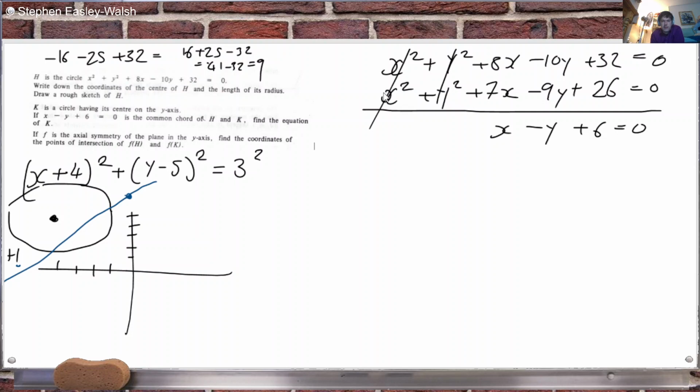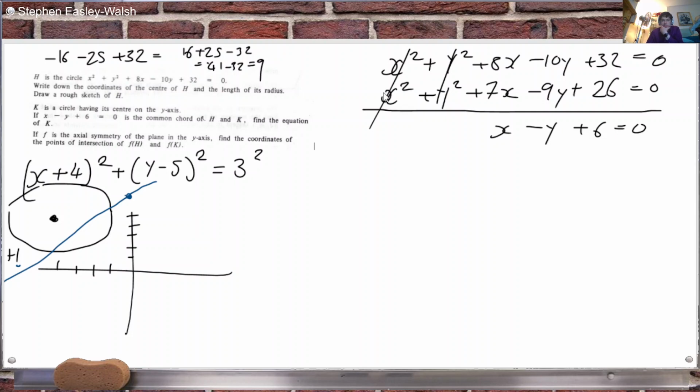But does that have its center on the y-axis? I don't think so. So I found a second circle, but I don't think it's quite the right one. K is a circle having its center on the y-axis.